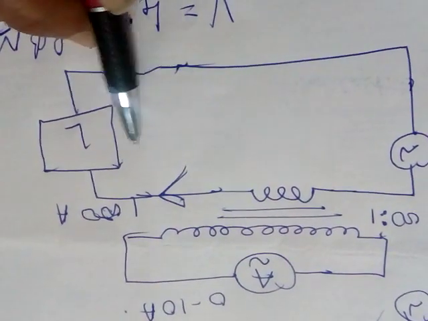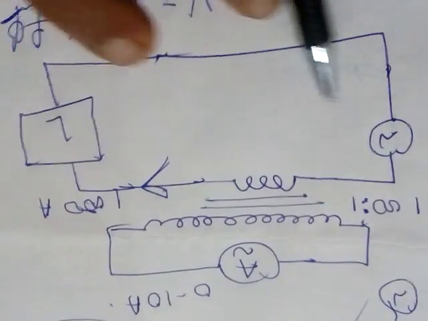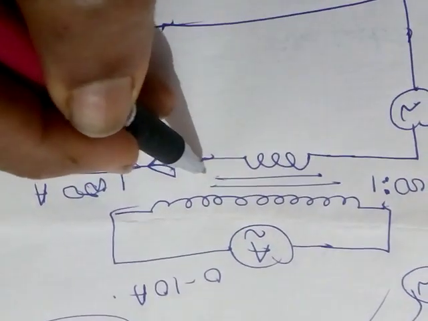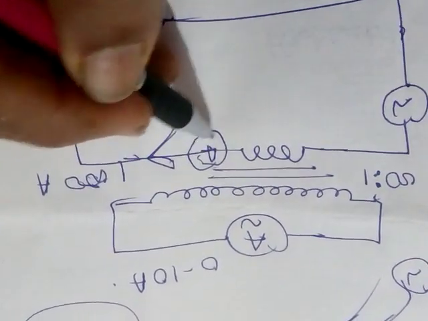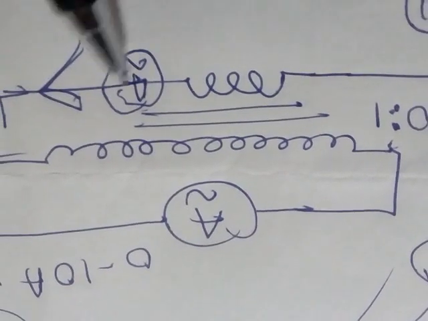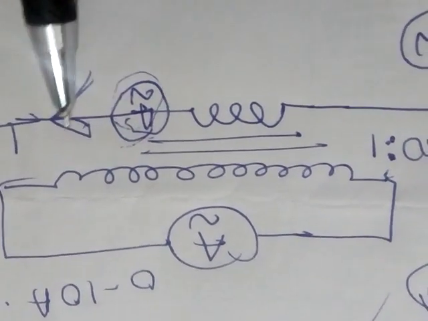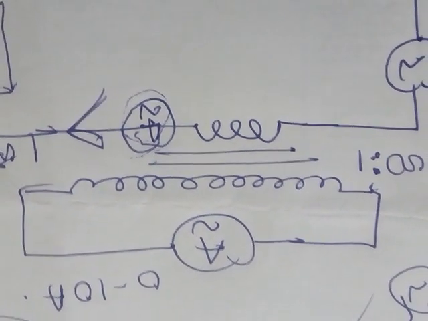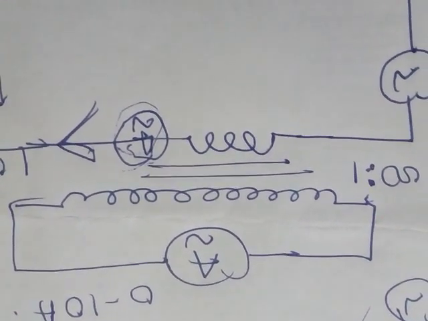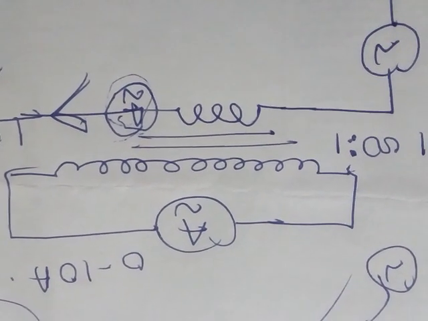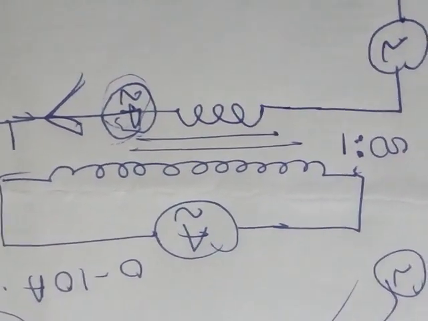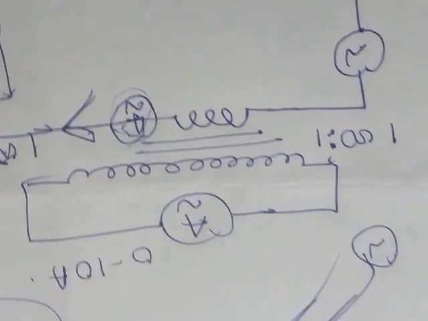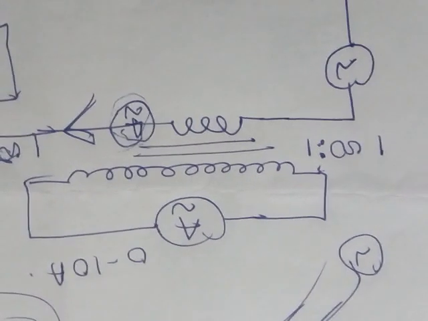Now say a high load is there, means low resistance, high current will flow, say 1000 amperes. If you wish to connect an ammeter here, a 1000 ampere ammeter is required. Just imagine the ammeter connecting terminals, if it is 1000 amperes, how to connect and remove it, it is very difficult.